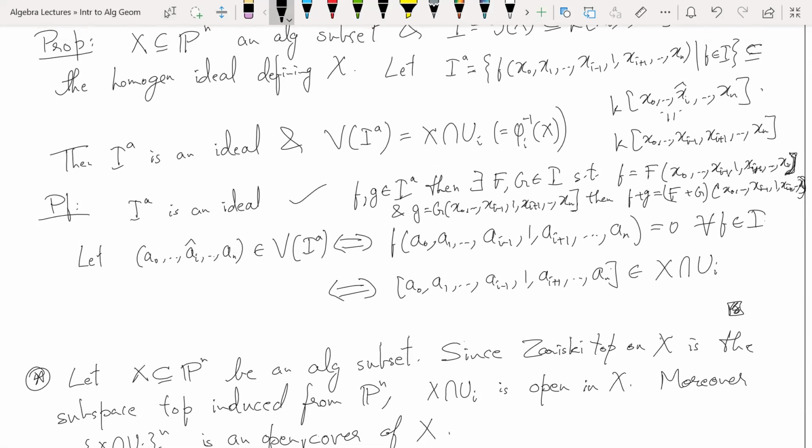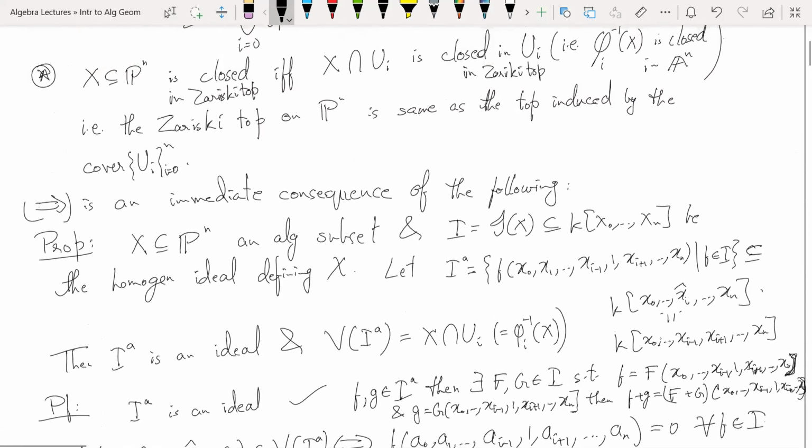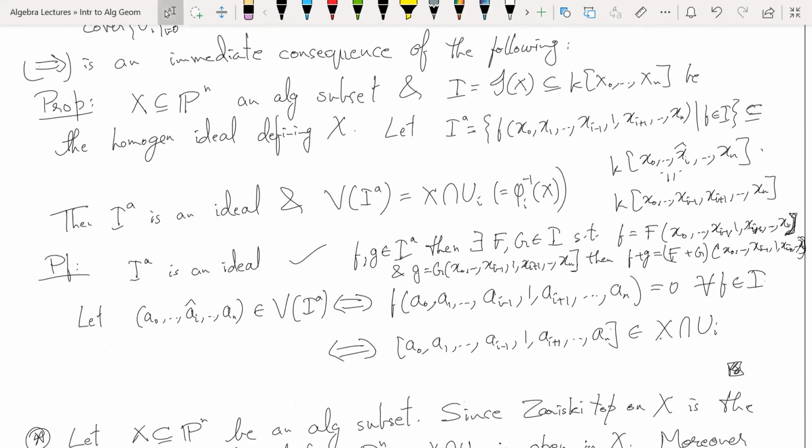Yeah, so as I said, if the ith component is non-zero, then this equivalence class belongs to U_i, as an element of Pn.